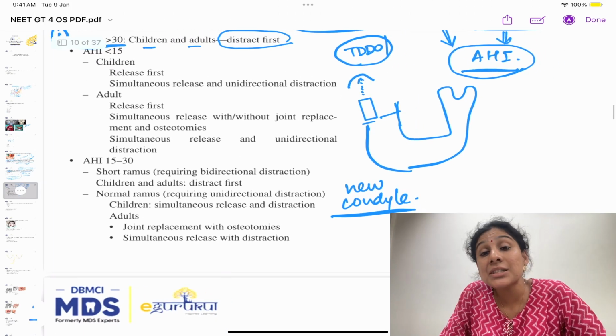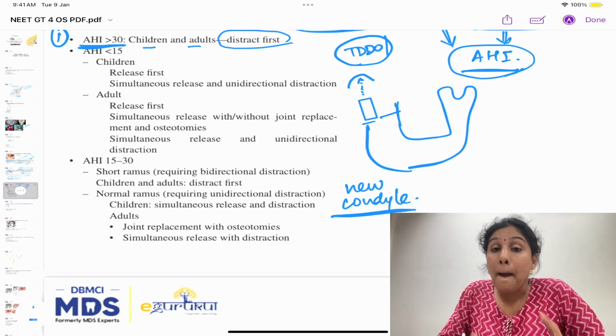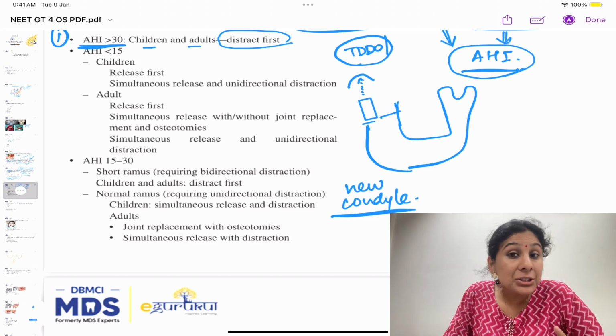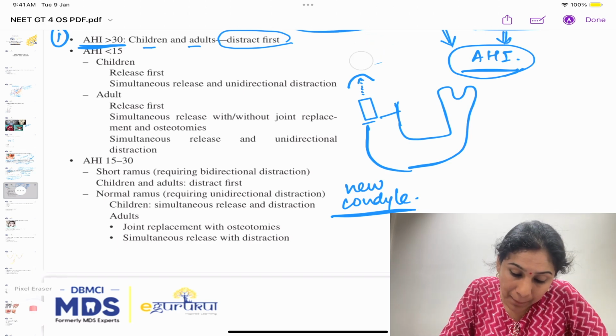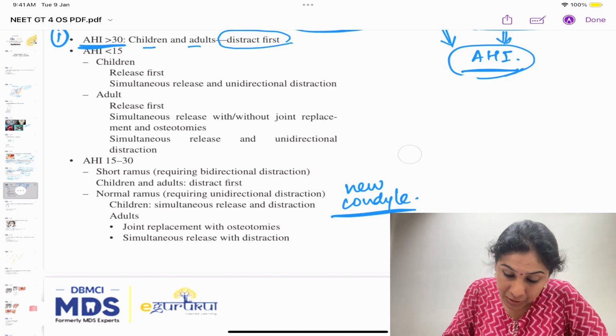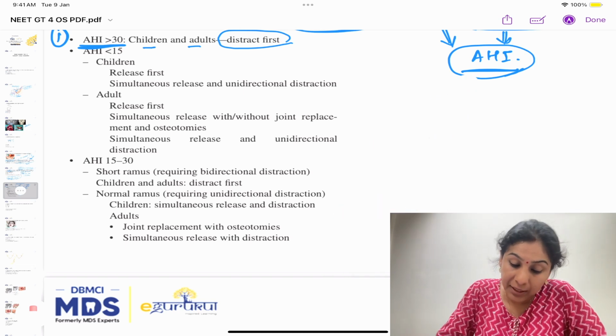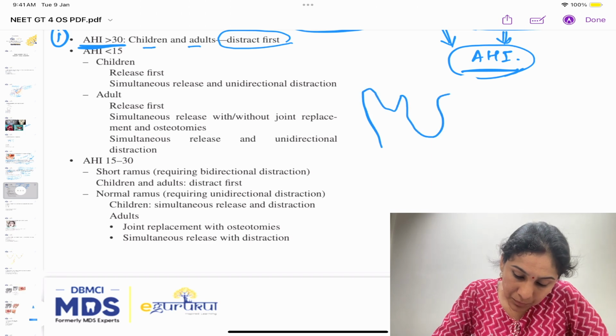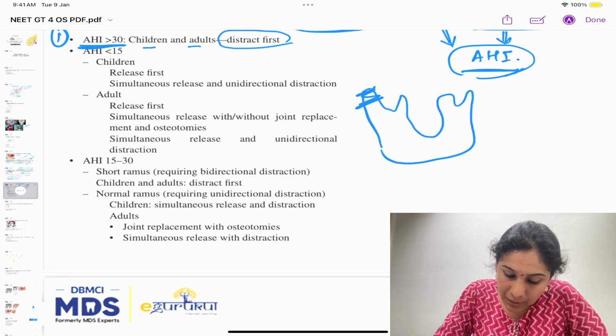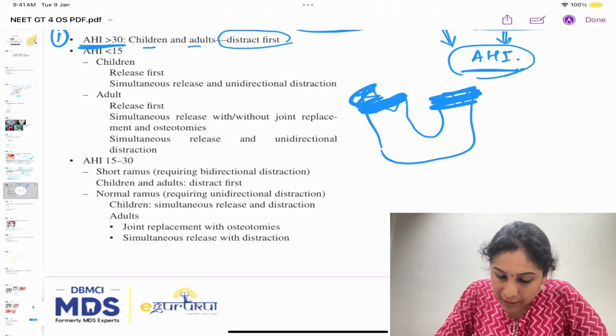The purpose of this distraction is to generate a new condyle. That's a reconstructive option. Okay, but the distraction that we do for OSA, for correcting the obstructive sleep apnea, is not this distraction. In cases of TMJ ankylosis with OSA, if this is the mandible, this is ankylosed.